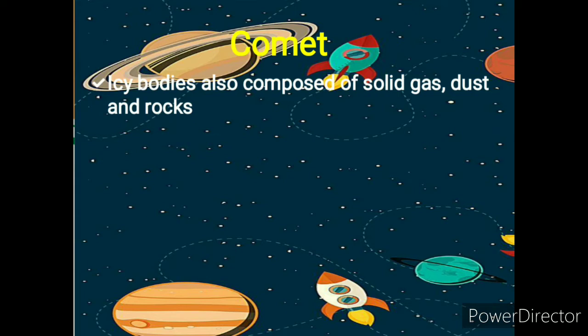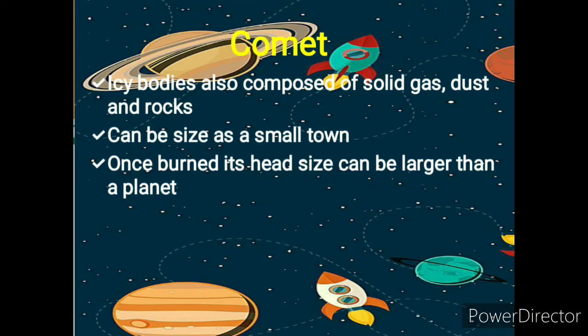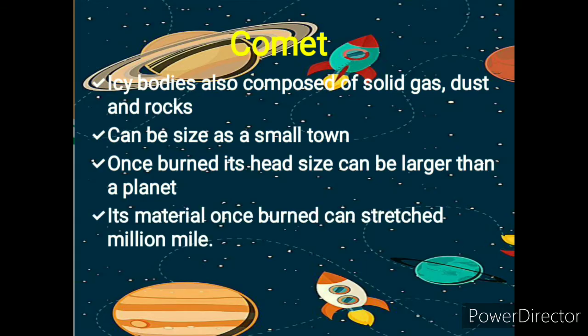They are composed of solid gas, dust, and rocks. A comet can be the size of a small town, but once it burns, its head can be as large as a planet. Its material, once burned, can stretch 1,000,000 miles. That's how long it can reach once it starts to burn.